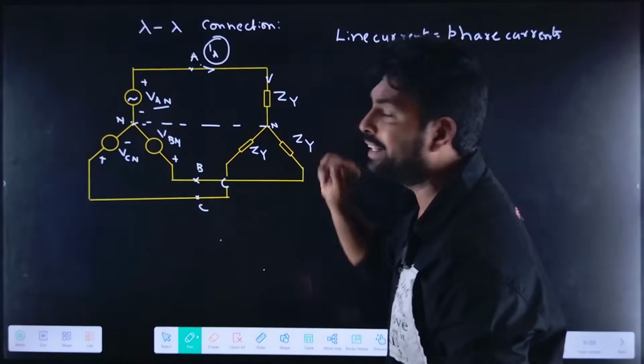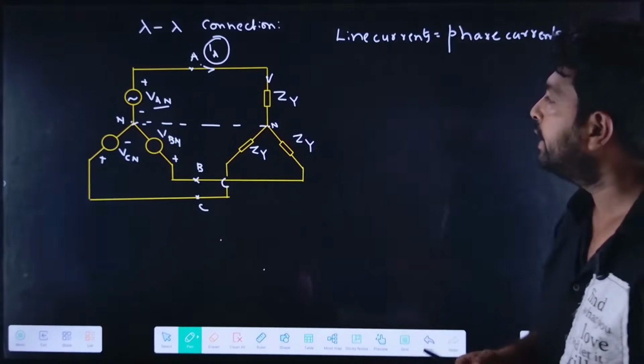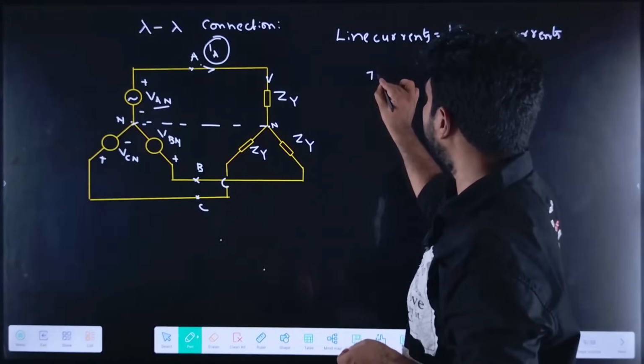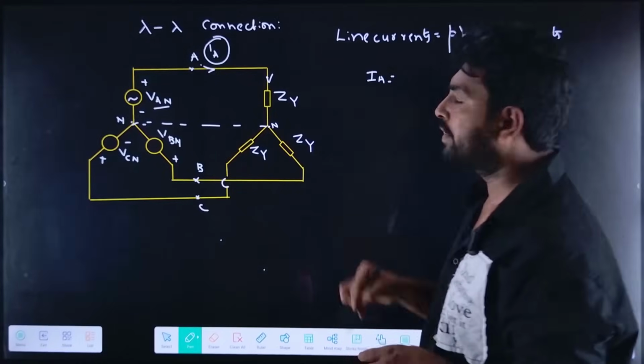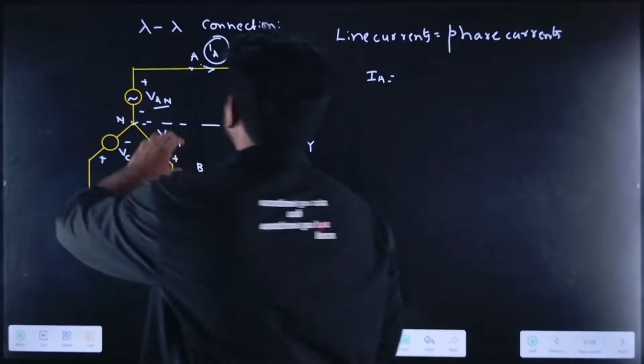Now I need to find IA. How can I find IA?